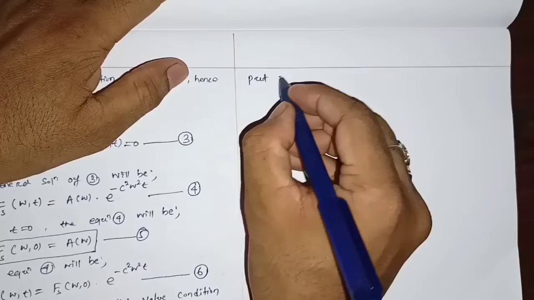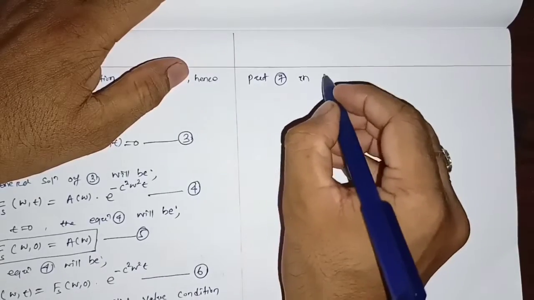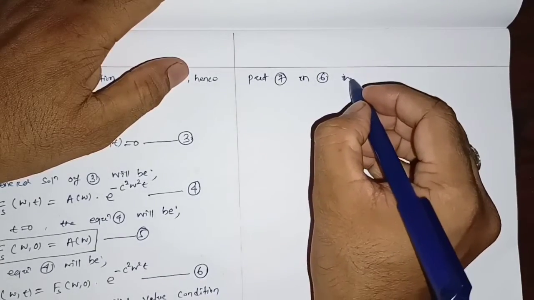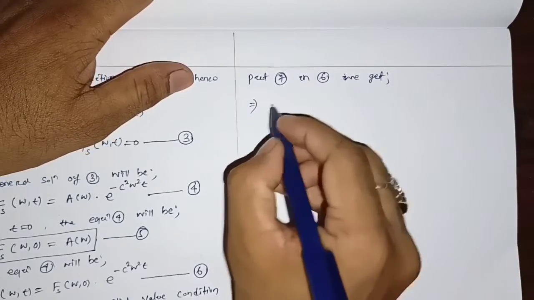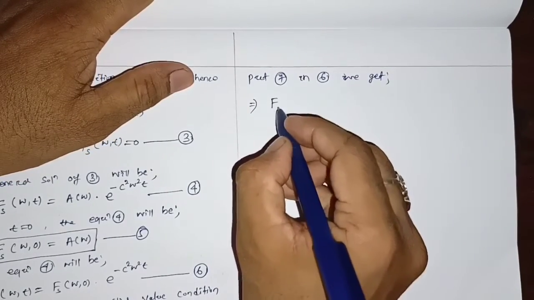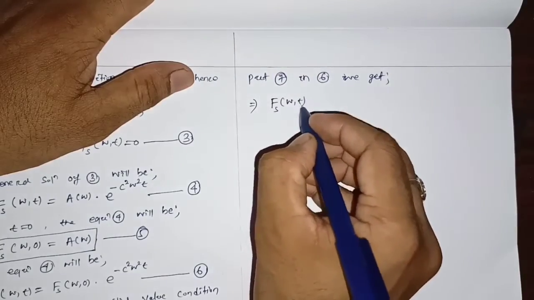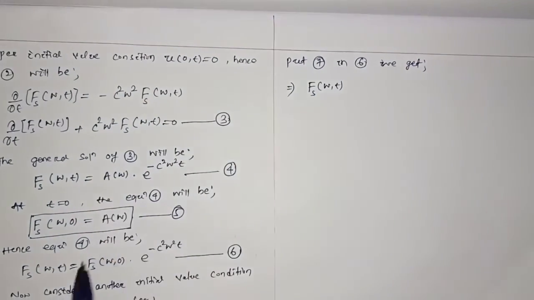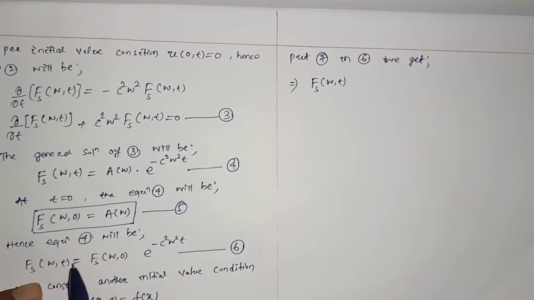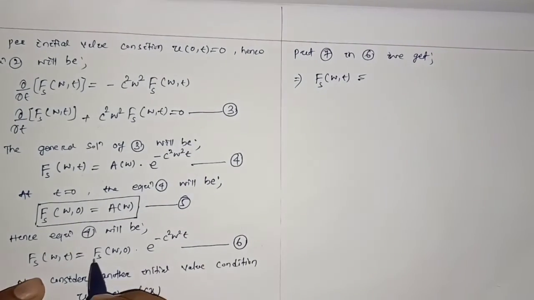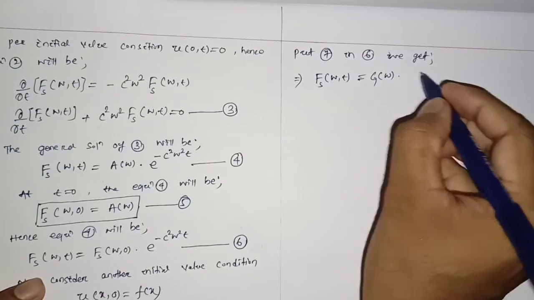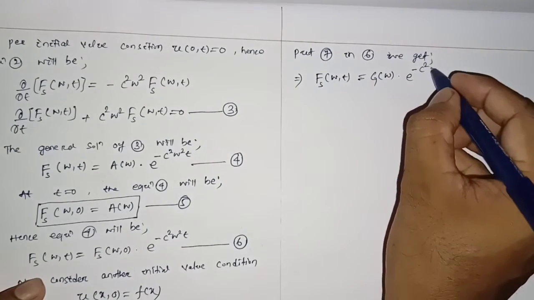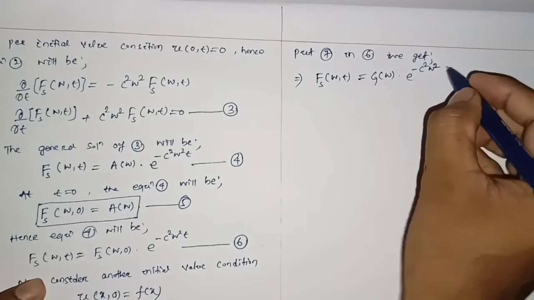Put 7 in 6, we get capital Fs(omega, t) is equal to, instead of Fs(omega, 0) we can write capital G(omega), into e to the minus c square omega square t.